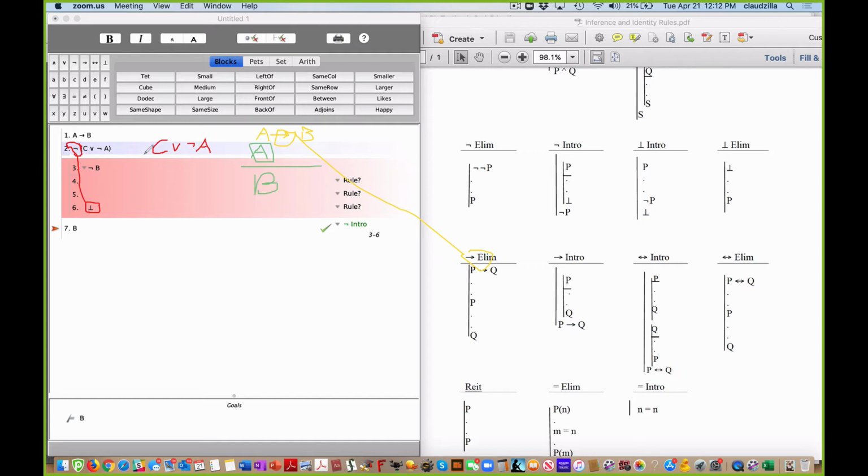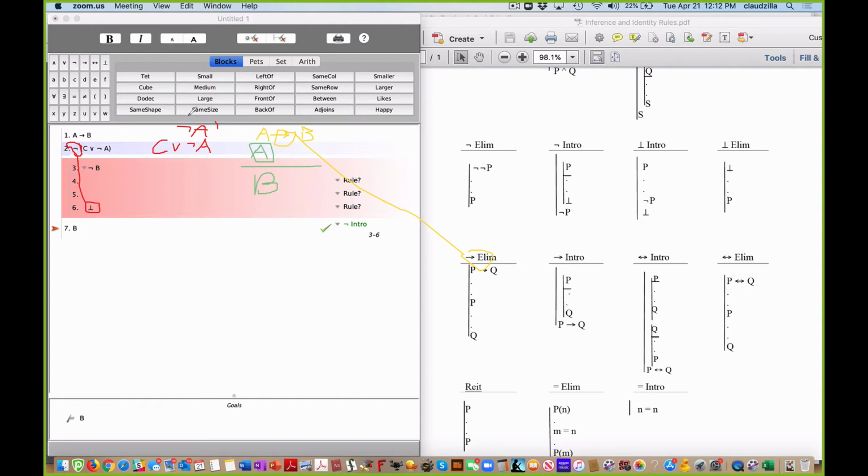In order for me to get the sentence C or not A, don't I need to have C? Well, I can get C or not A on the assumption that I have not A. I can introduce the disjunction.